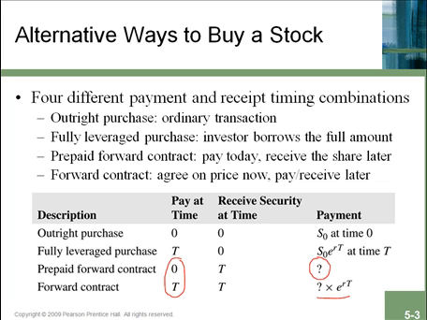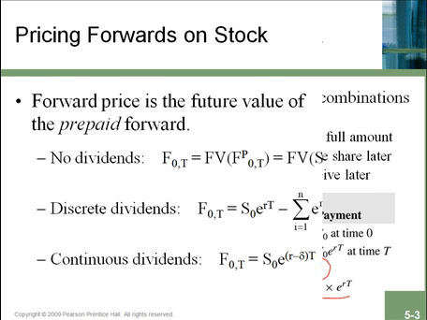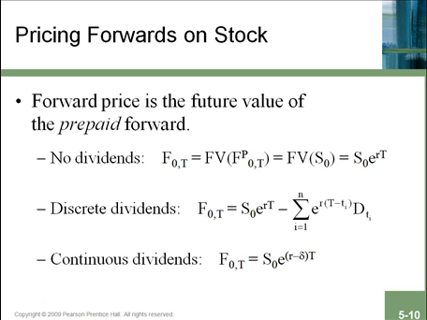So the only difference is that the forward price is going to have to be the future value of the prepaid forward price. It's going to have to be the prepaid forward times e to the RT, where R is the continuously compounded risk-free interest rate and T is the amount of time until expiration. So, how do we price a forward contract, which is what we were really trying to get at? Again, we're just finding the future value of the prepaid forward contract's price.